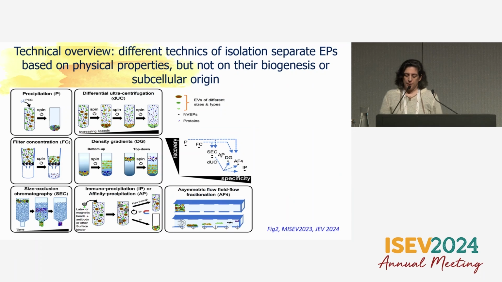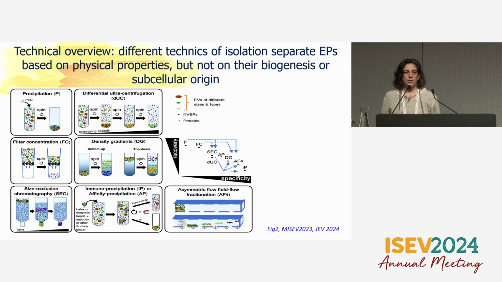And when you isolate EV, the techniques of isolation, so this is a figure from the last MISEV, show the different techniques of isolation that are most commonly used, presented on a grid of efficiency of recovery vertically versus specificity of EV isolation horizontally.